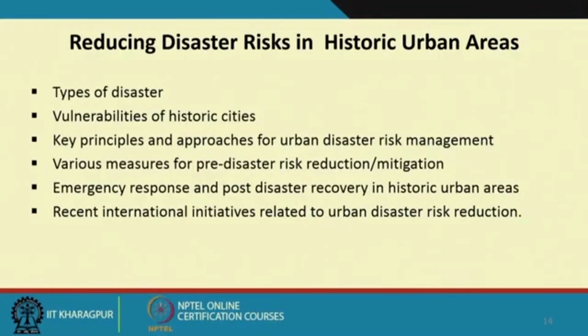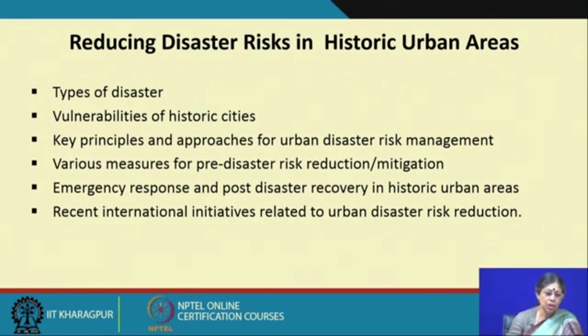I have already talked about the earthquake, but in this module we will talk about not only the earthquake, we will talk about the disaster, different types of disaster which can happen in the historic urban areas.